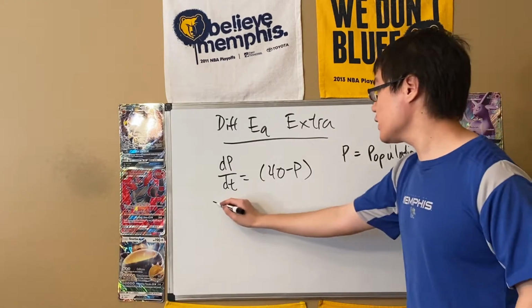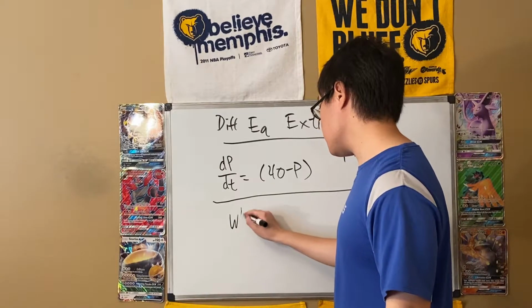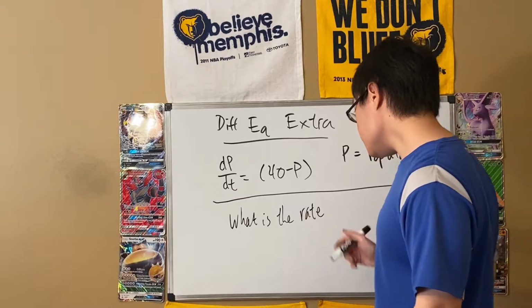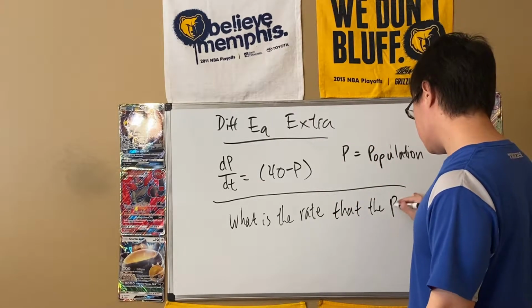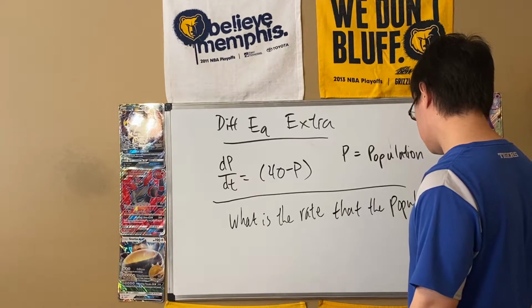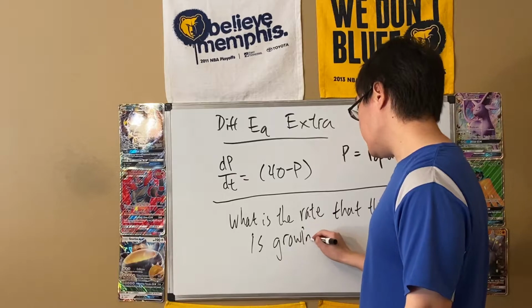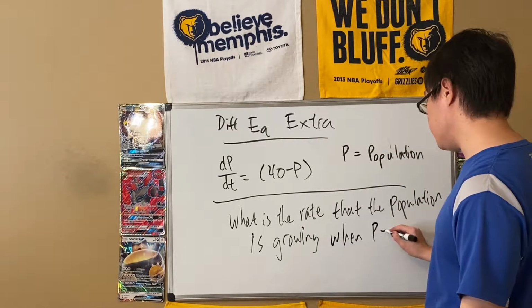So if this is the given, then they ask a very simple question, like what is the rate that the population is growing when P is, for example, let's say 10. Let's put some units here.